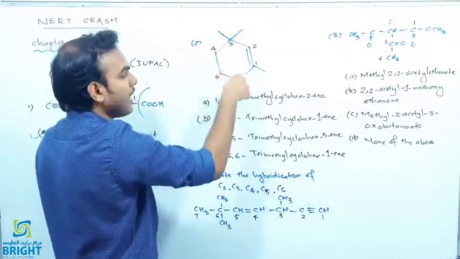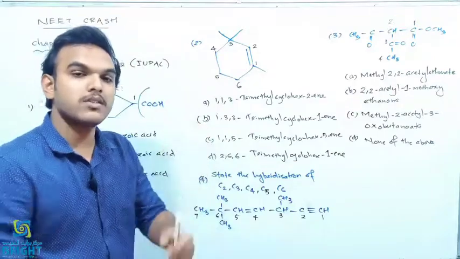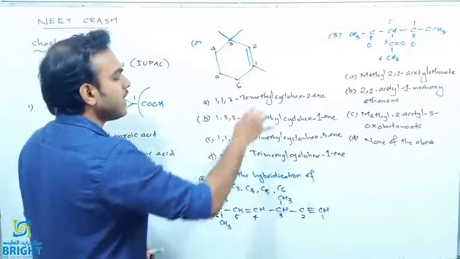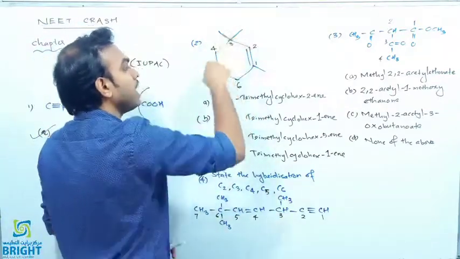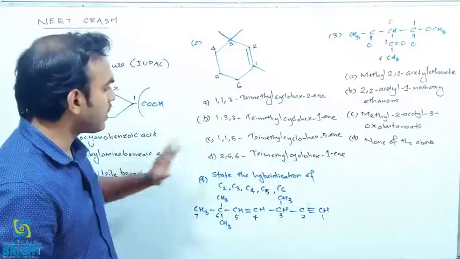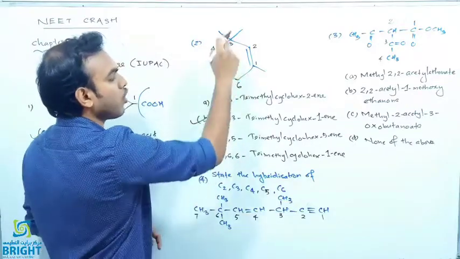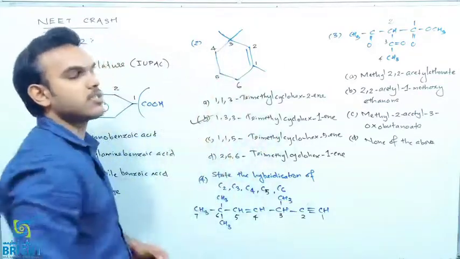This is cyclohex because of 6 carbons, with the first carbon having the double bond, cyclohex-1-ene. So 1,3,3-trimethylcyclohex-1-ene will be the answer. Let us look at which option, here or there. Yes, it will be here: 1,3,3-trimethylcyclohex-1-ene.